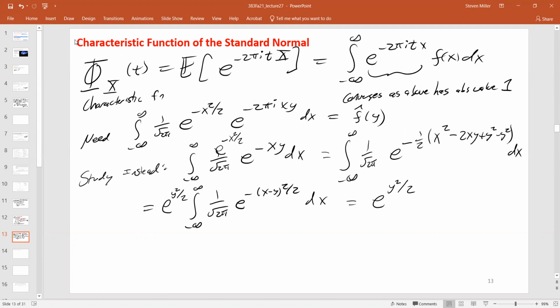What did we do? If you think about it, this is the characteristic function evaluated at what point? Not y. So think about it really carefully. Nope. So we have e to the negative xy. We're supposed to have e to the negative 2 pi i xy.